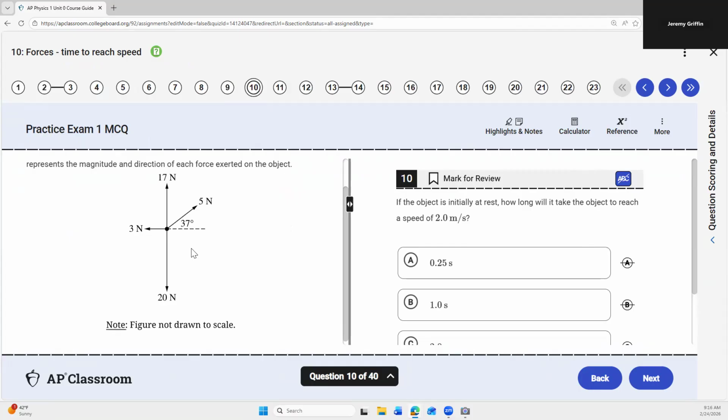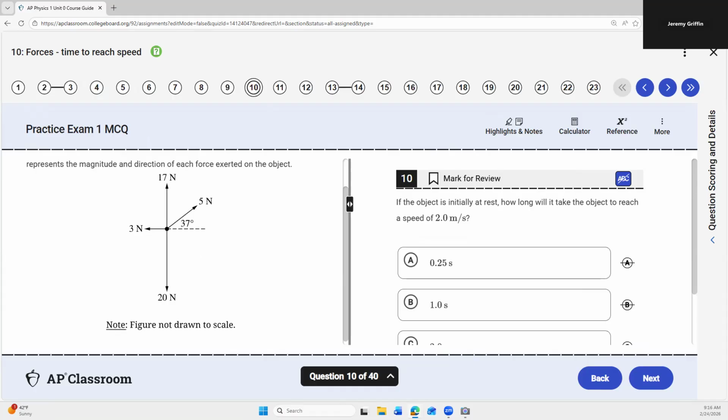Got 3 newtons left. And then 5 newtons up and to the right at a 37-degree angle from the horizontal. Okay, 37 degrees. Hey, you guys got that picture?